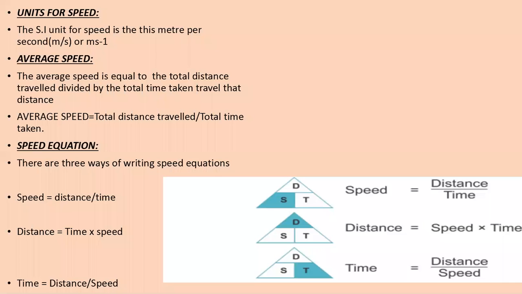We subtract the time when the train was stopped, and divide the total distance traveled by the train by the total time, and we get the average speed. Now there is a speed equation. There are three ways of writing the speed equation.